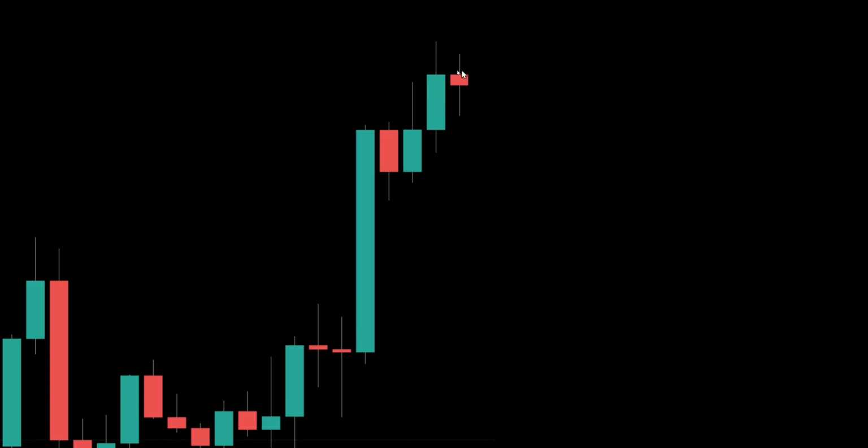This means we have a resistance formed, but this candle is not big enough to say the resistance is strong. It's a weak resistance because the candle body is really small. This means there's a higher probability for the next candle to go up unless we see a strong candle rejecting resistance.